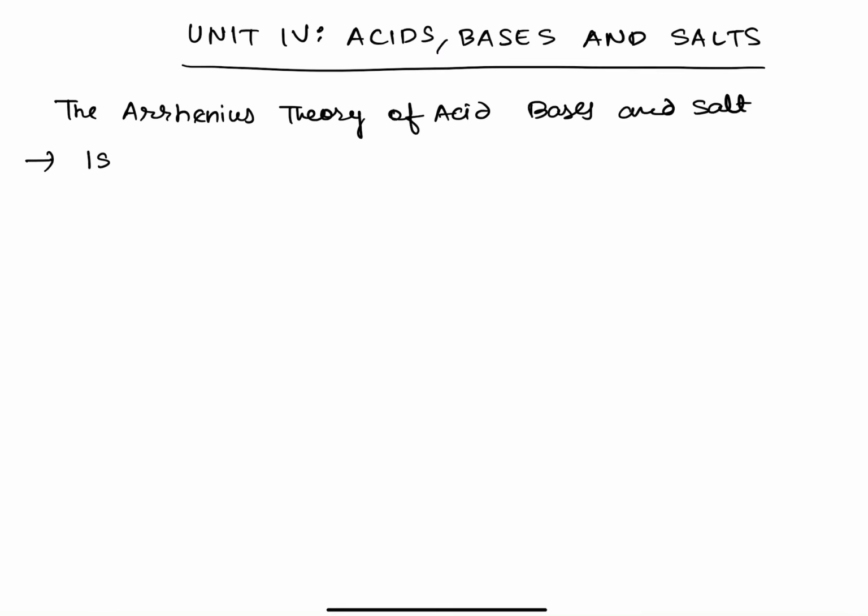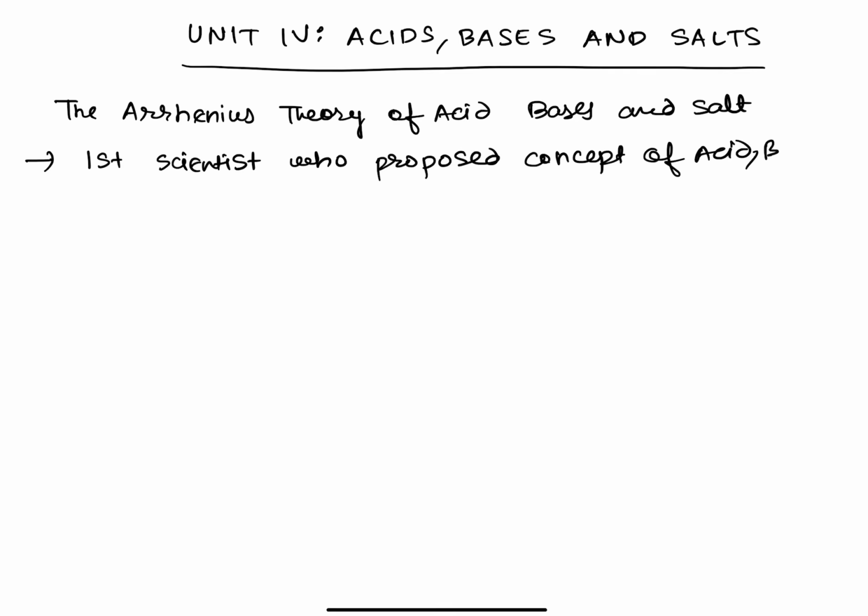So, first scientist who proposed the concept of acid, base and salt. Okay, the full name of the scientist is Svante Arrhenius.